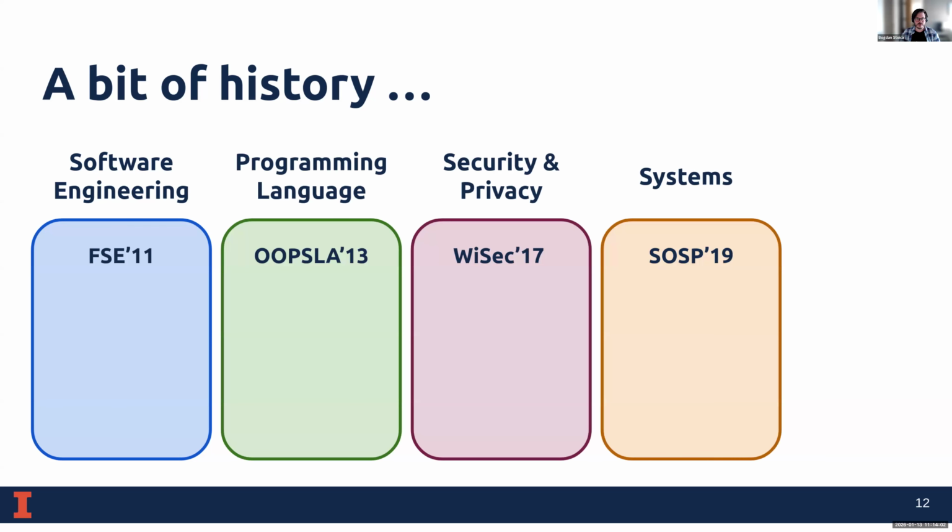Two years after that, the programming language community added an artifact evaluation component to their peer review process. I believe the first one was OOPSLA. And then a few years later, the security and privacy community, and finally the systems community with SOSP 2019.